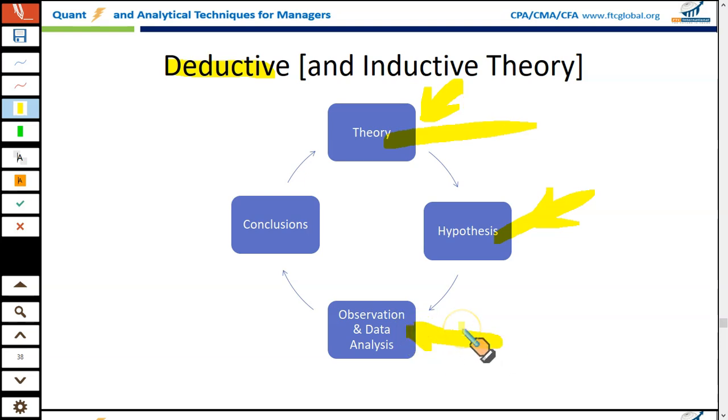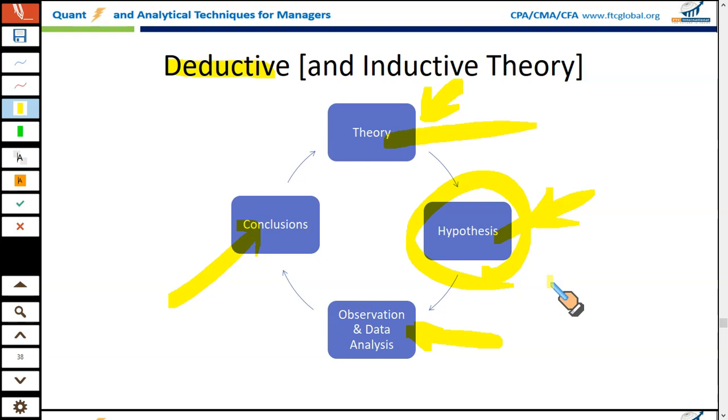And finally, we draw conclusions, that is, decisions or judgments derived from the data analysis, determining whether the initial hypothesis is supported or refuted by the observation.